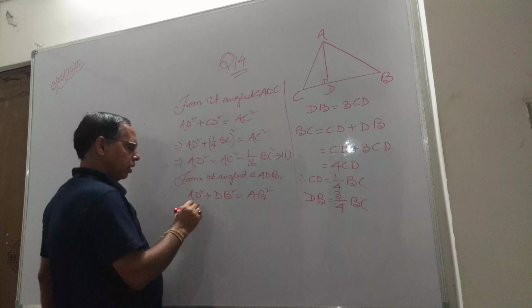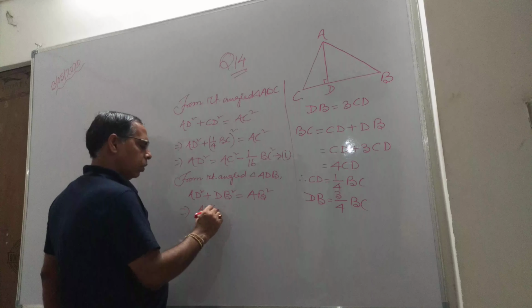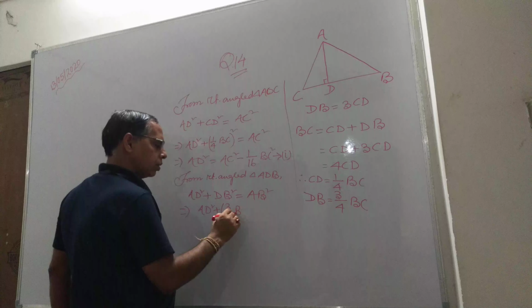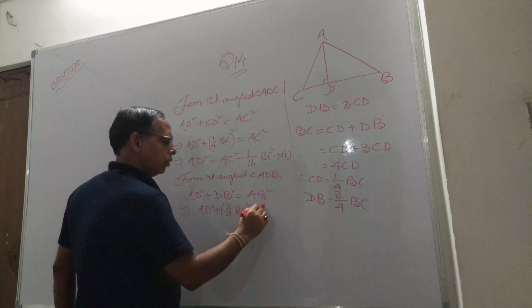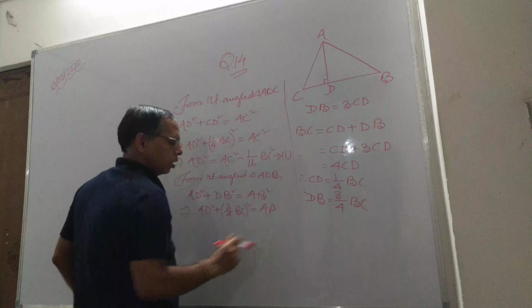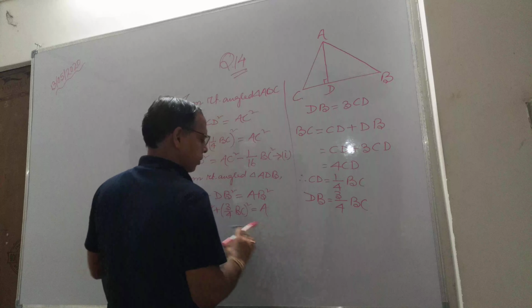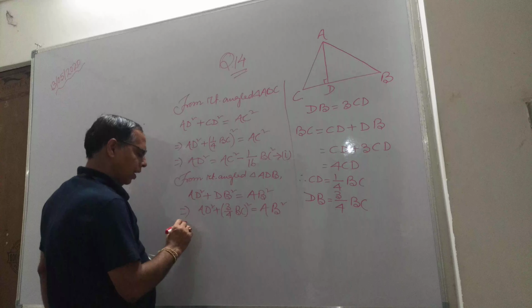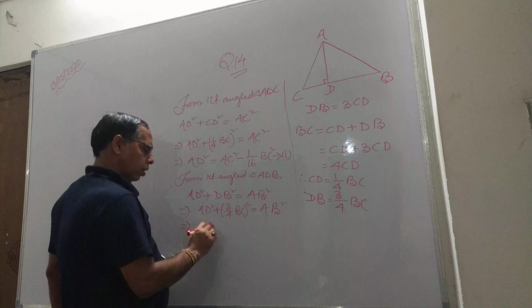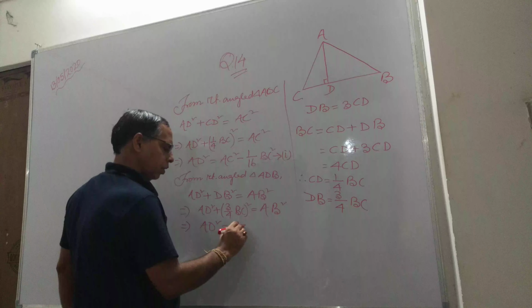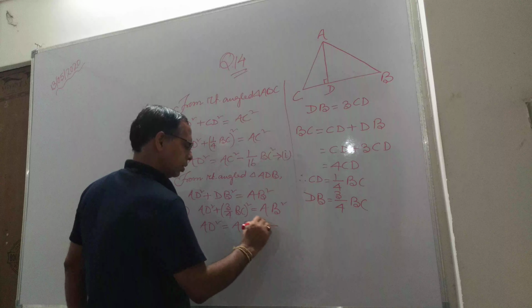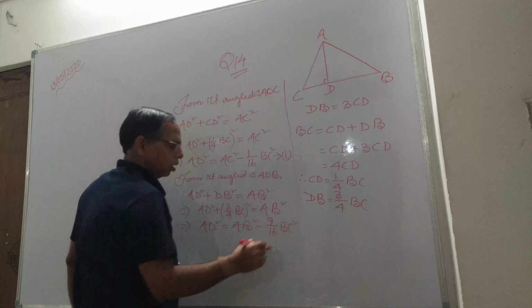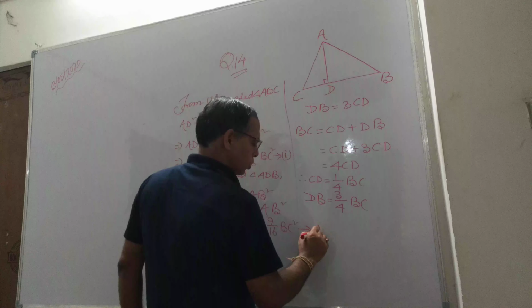Then AD square. Now what is DB? 3 by 4 BC, whole square, equal to AB square. Implies AD square equal to AB square minus 9 by 16 BC square. This is equation number 2.